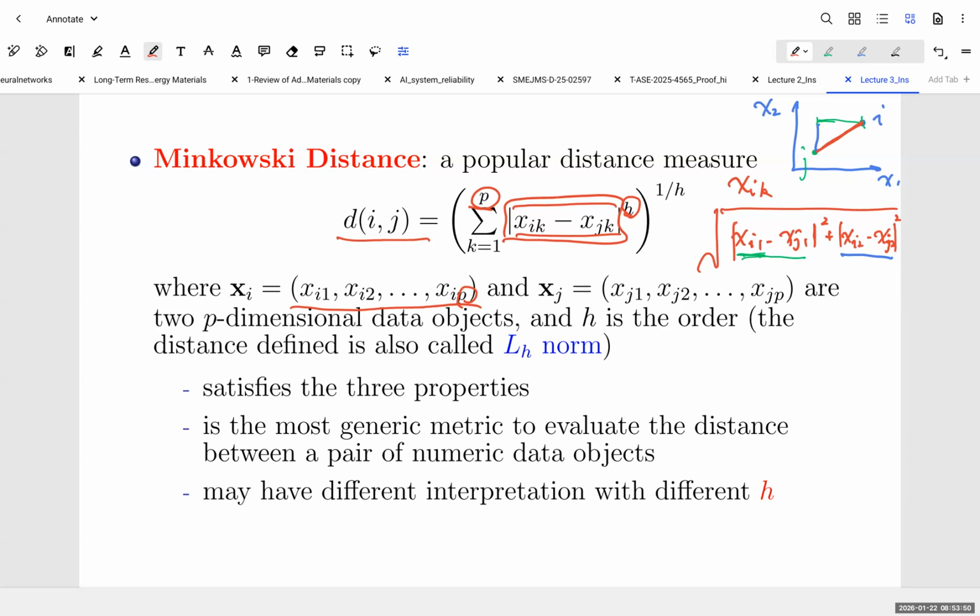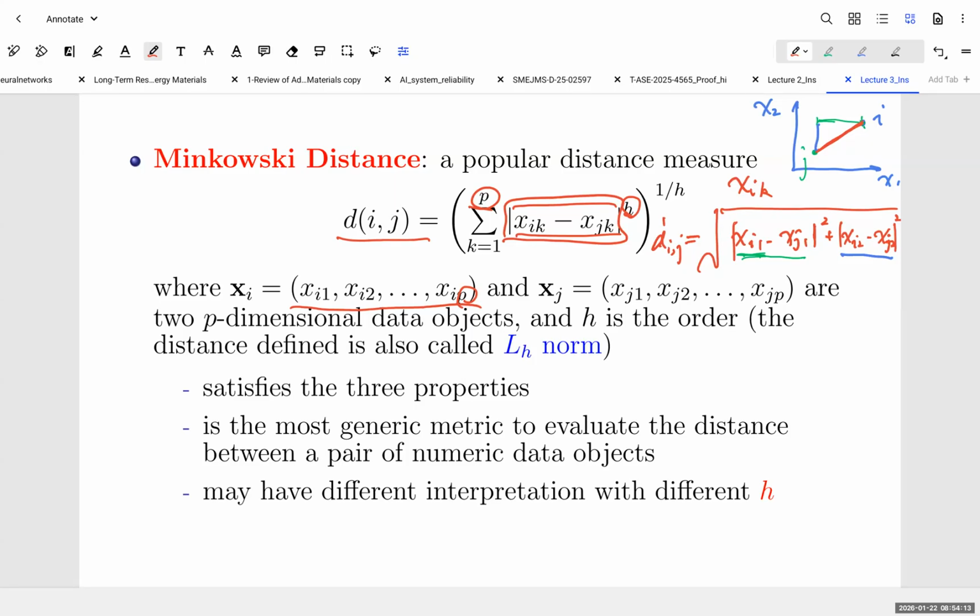The square of the distance between these two objects, right? And we take a square root of it. We got the distance between i and j. What is that distance? Euclidean distance. That's L2 norm. L2 norm is actually the Euclidean distance.